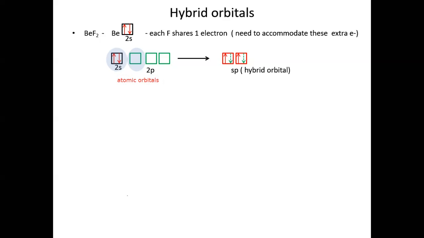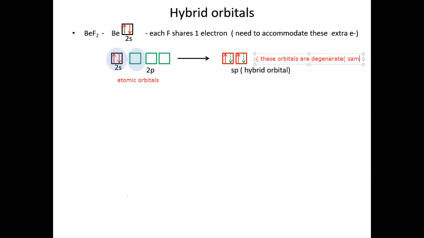And these orbitals are degenerate, meaning they're the same energy, so one is not higher than the other. And so that's how beryllium can accommodate the extra 2 electrons from fluorine.